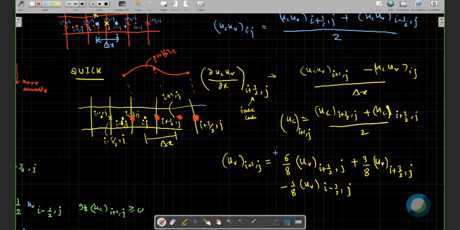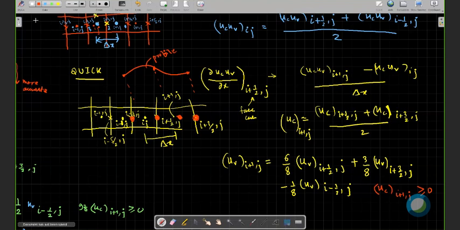This profile assumption has to be made on the basis of the values of the convective velocities. If this is greater than or equal to 0, it is like this, or else you have to take 2 points from the forward and 1 point from the backward.